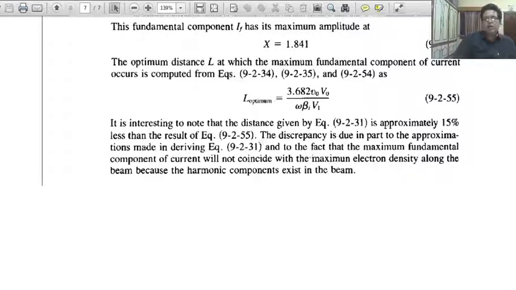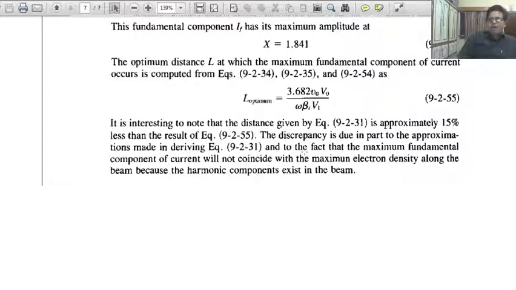Okay. And what is the reason for this? Because the maximum fundamental component of current will not coincide with the maximum electron density along the beam, because the harmonic components exist in the beam.